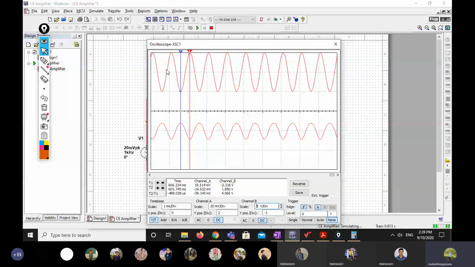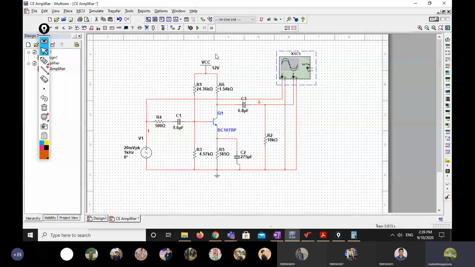Okay, 4.066 volts, so this is our output voltage. If you connect the bypass capacitor, your output voltage will be more. If you don't connect the bypass capacitor, it is very less.